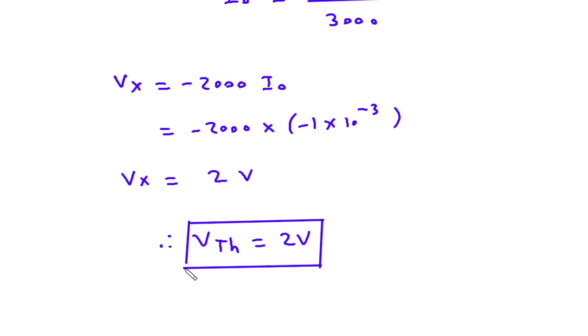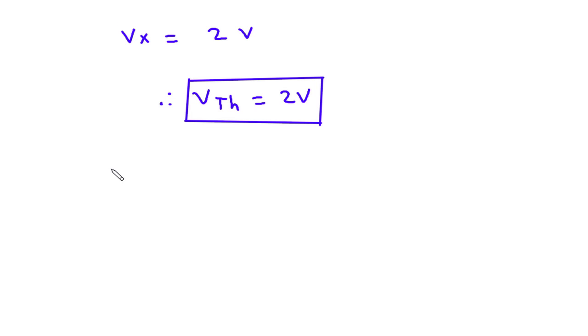Now we have the value of VTh and RTh. We can draw the Thevenin equivalent circuit. So this will be RTh in series with VTh.